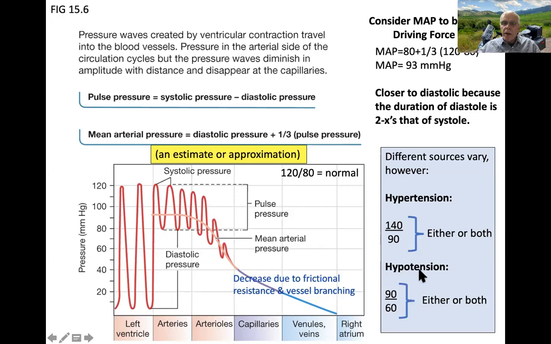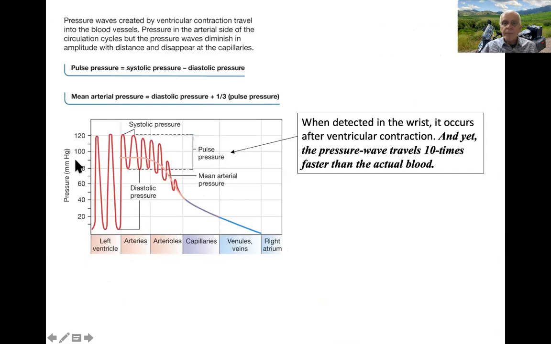They're considered hypotensive when systolic never gets above 90 and diastolic drops all the way down to about 60. You can have either or both of these, and it would contribute to a condition called hypertension or hypotension. I have relatives that are hypotensive. I have relatives that are hypertensive.